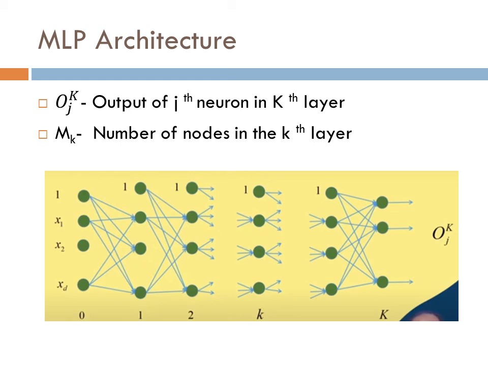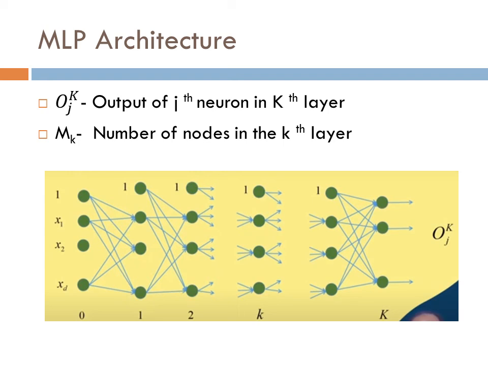The input layer is represented as number 0, because other than passing the signal it has nothing to do. The hidden layers start from 1, 2, 3 and so on, and go up to capital K minus 1, where capital K is nothing but the output layer.